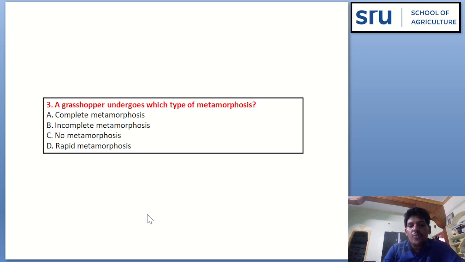A grasshopper undergoes which type of metamorphosis? Complete metamorphosis, incomplete metamorphosis, no metamorphosis, or rapid metamorphosis? Here the correct answer is incomplete metamorphosis. Why? Because there is no pupal stage in the life cycle of the grasshopper.